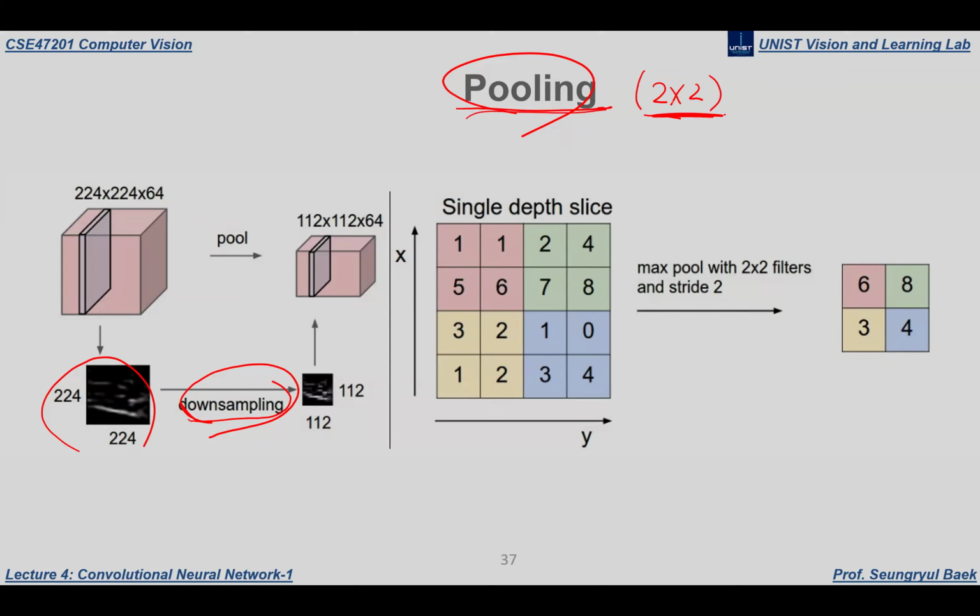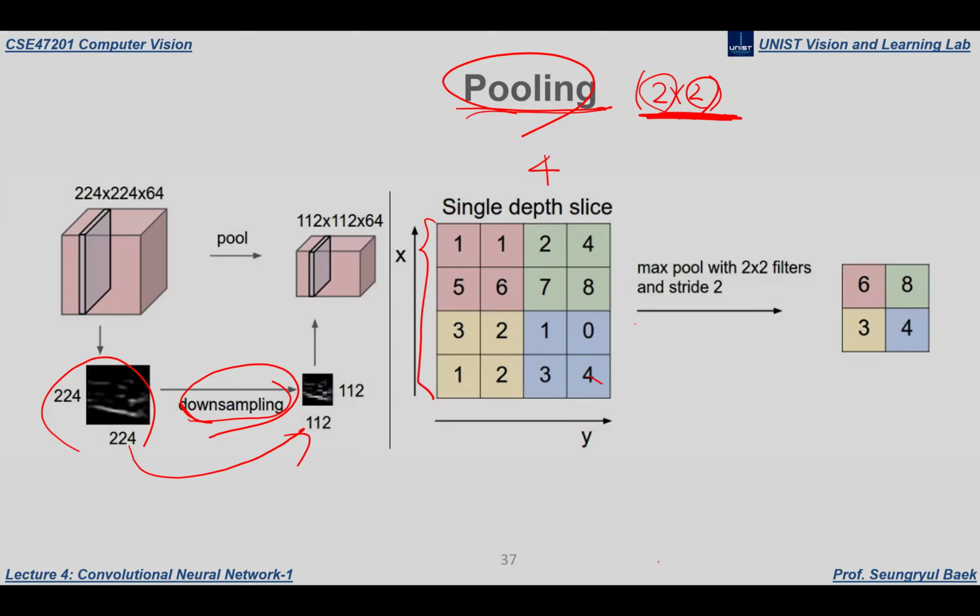Pooling always has a hyperparameter, which is its dimension. For example, if this is 2 by 2 pooling, then it will downsample the original image by 2 times.